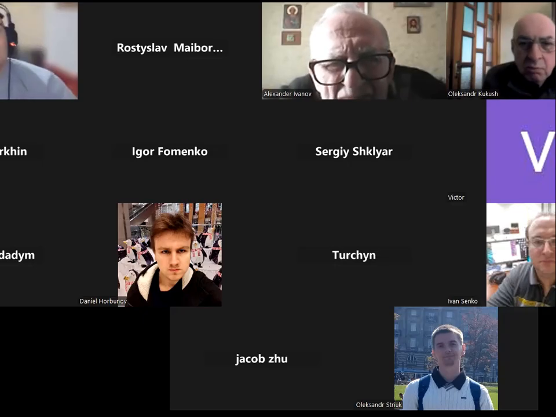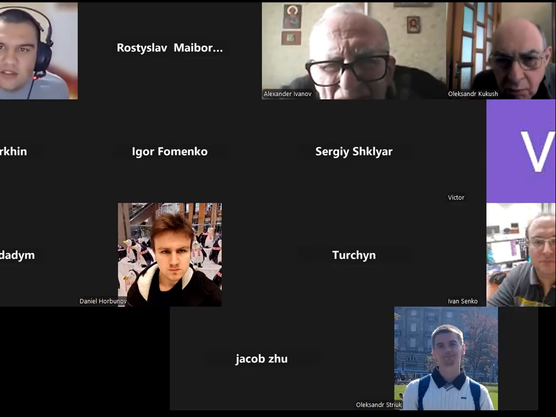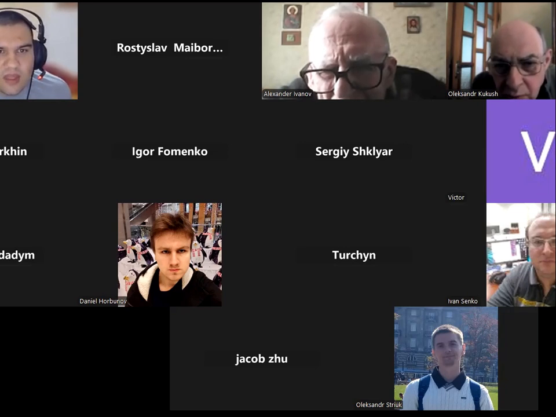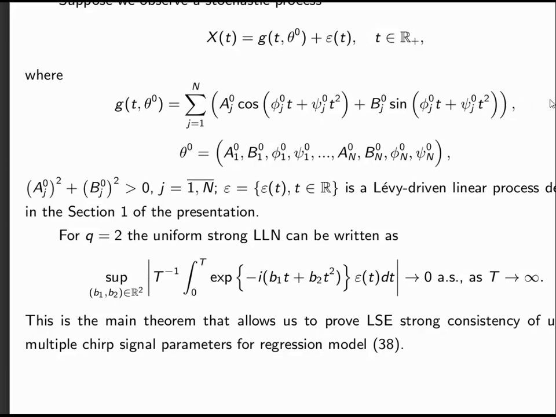Suppose we observe a stochastic process 38, where the function g(t, theta 0) has the form 39, where the vector theta 0 is a vector of real values of the parameters of this signal.